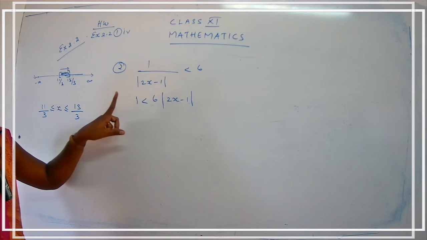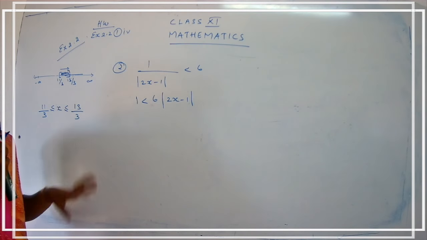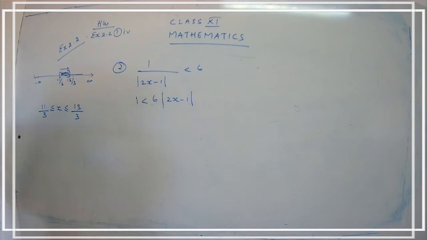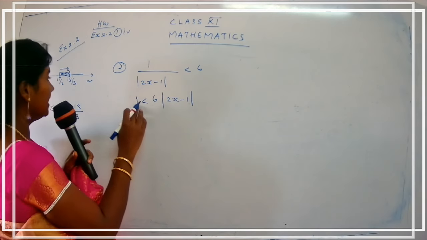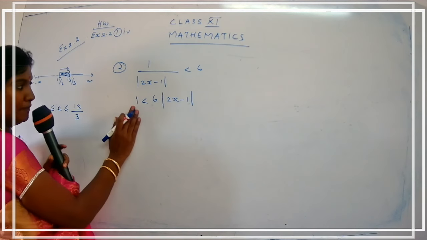I don't want a number 1 over here, so I have to remove this one. So what I am going to do is subtract 1 on both the sides. Because here, always we keep the 0 part over here.